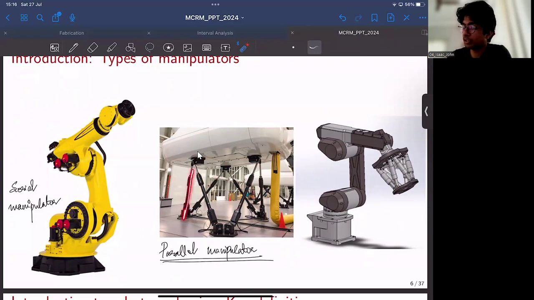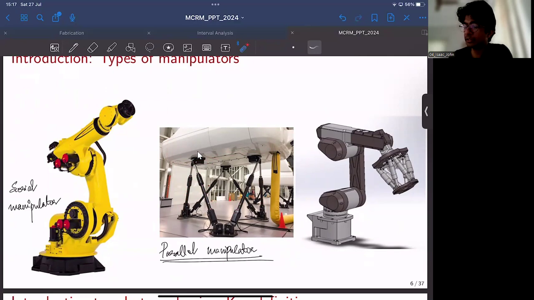So this specific manipulator has 6 such legs, and each of these legs is telescopic. Depending on how much you actuate these individual legs, the platform's position as well as orientation can be altered. You can have 3 translational degrees of freedom or 3 rotational degrees of freedom, depending on how much you actuate each of these 6 actuators.